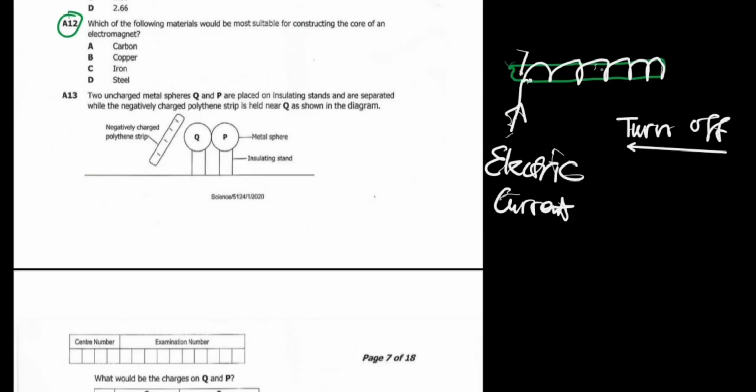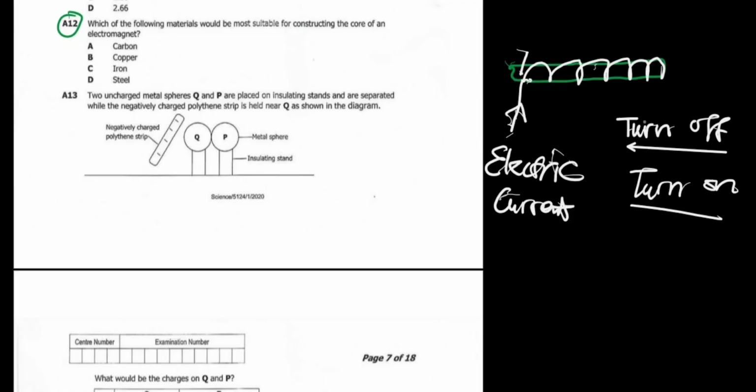Because remember that this magnetism only works when there is electric current flowing into it. When you turn the power on, then again, this core is magnetized. It increases the magnetic fields produced by electric current, and therefore the appliance continues to work on.